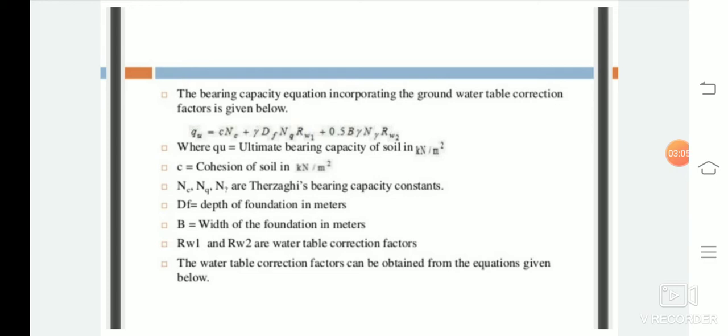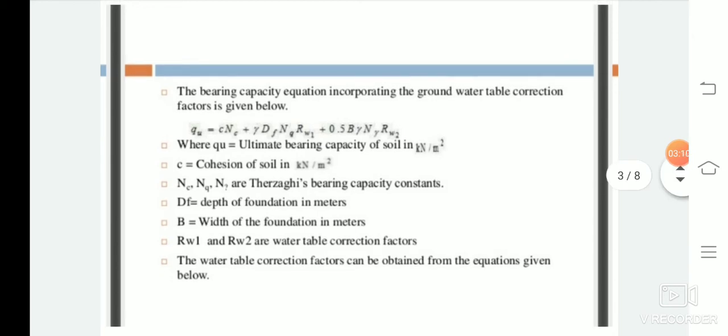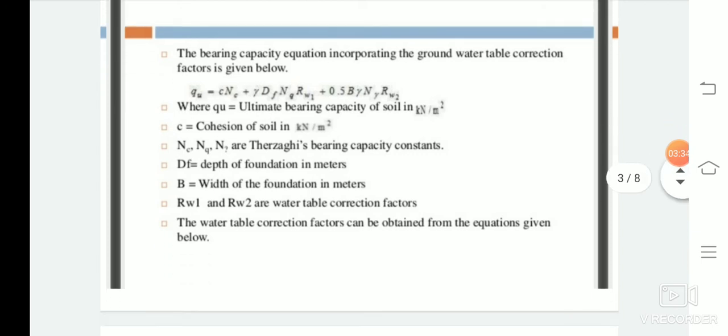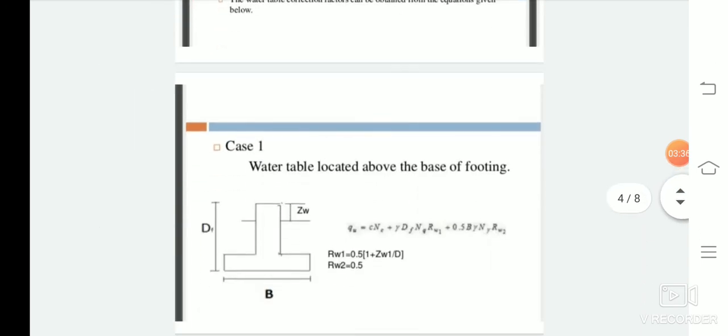Here Qu is the ultimate bearing capacity of the soil, c stands for cohesion of the soil, Nc, Nq, N gamma are the Terzaghi bearing capacity factors. Df stands for depth of the foundation, B stands for width of the foundation, and the factors Rw1 and Rw2 are nothing but the water table correction factors.